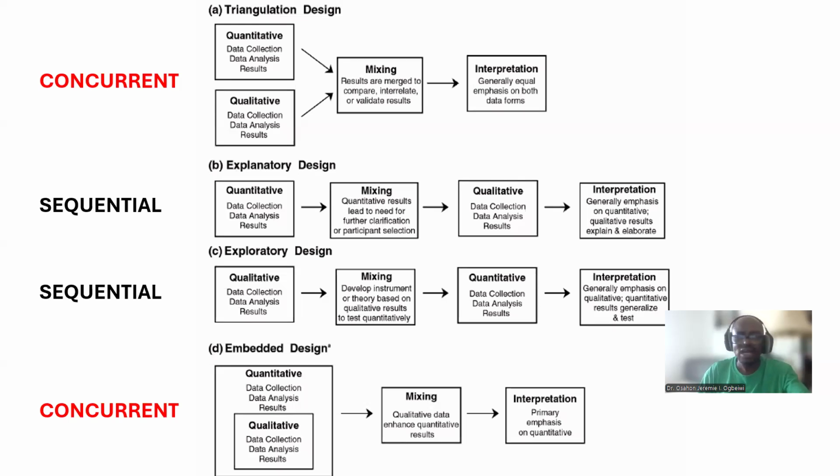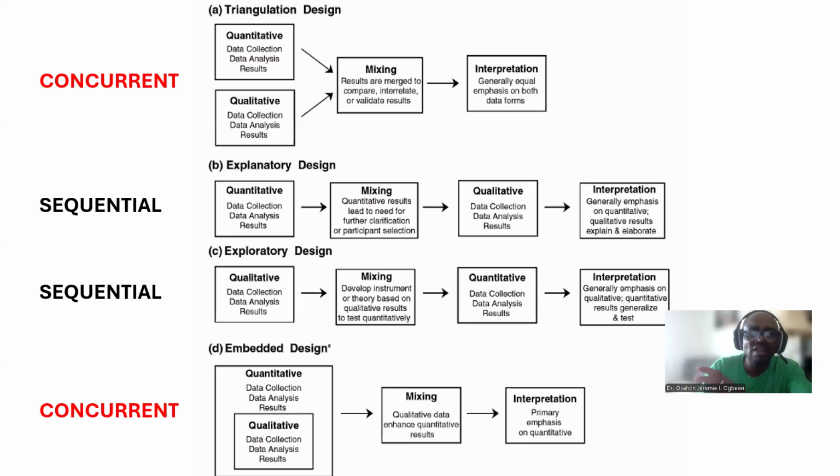You can also have a concurrent embedded design, which means you embed qualitative questions in your quantitative tool. When you do the two of them together, rather than doing them separately, at the same time, you mix them up as you go.